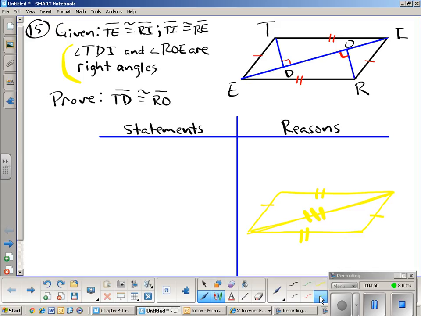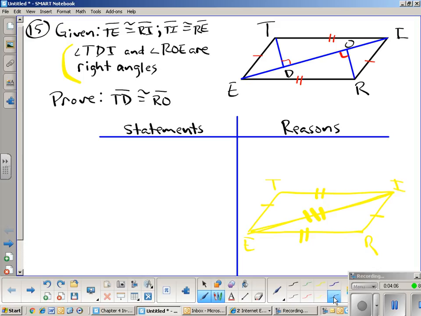And so, let's see, I have T, I, R, E. And so I can say, step 1, segment TE congruent to segment RI, and segment TI congruent to segment RE, and that's given.